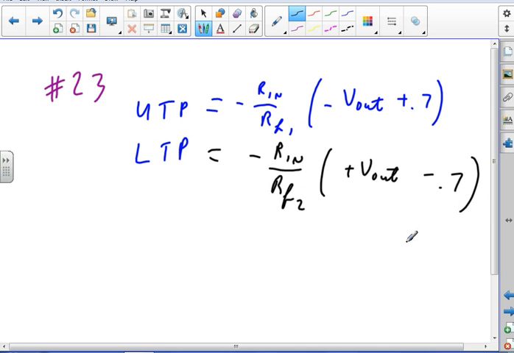All right, so that's what we're looking for. Okay, so I got my finger on both pages, and I find the upper trip point to be minus Rn, 1K. Oh, that's interesting, they got it marked R. 1K divided by Rf1, 5K, times minus V out. Okay, what is V out going to be?